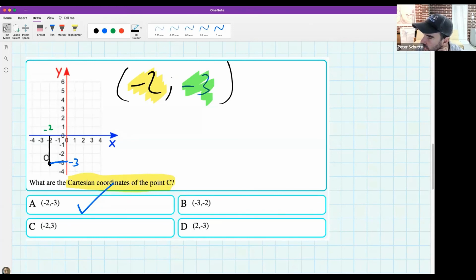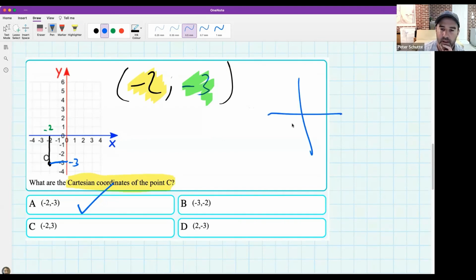Sir, could I ask something? Yes, go ahead. With the plane, if I have 3 digits, what do I do then? Like x -2 and x +3, and I don't have a y.